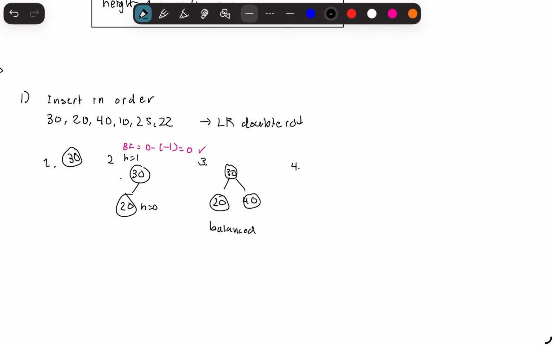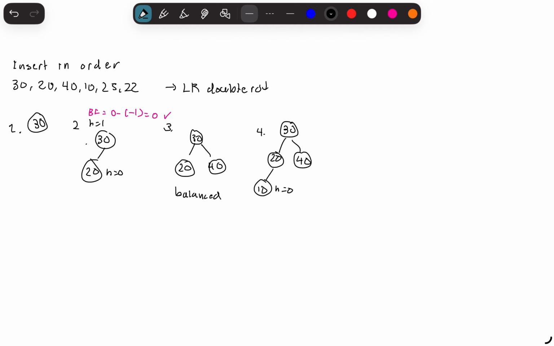Now after that, we have to tackle 10. So in order to tackle 10, we're going to have 30, 20, 40, 10. So your height is 0, your height is 1, your height is 2. Now your BF of 30 is equal to 1 minus 0 equal to 1.